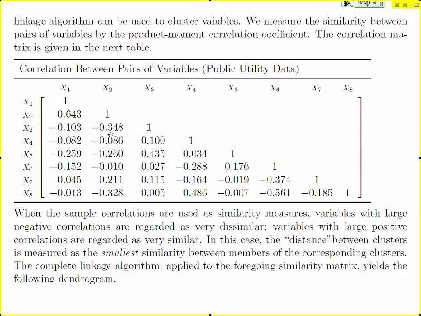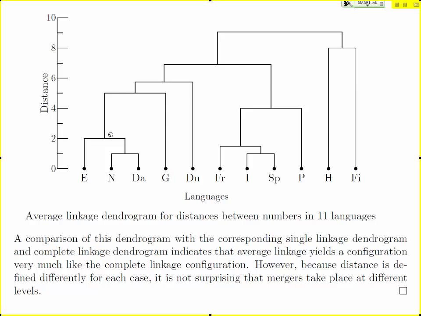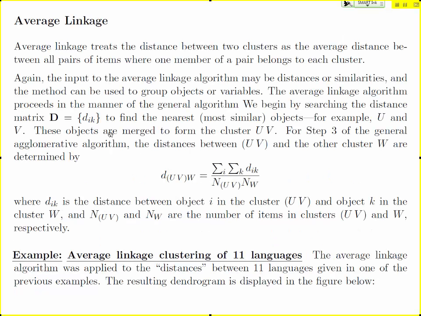Hierarchical clustering is very common. You will potentially get different answers depending on which type of linkage you choose. So I was going to show you some closing remarks. Remember, average linkage is the same idea.